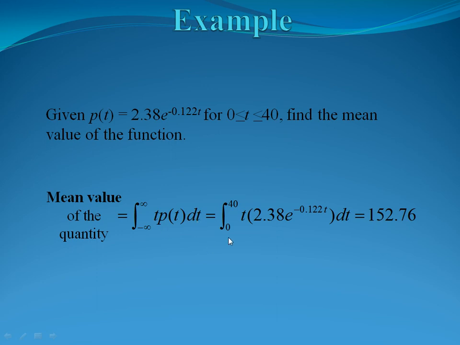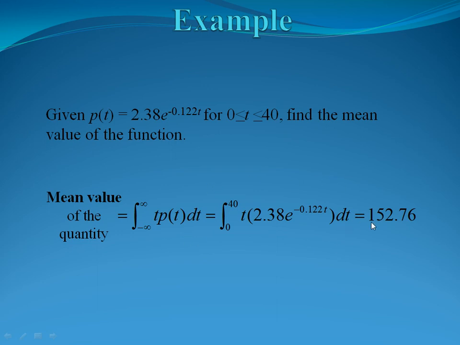Well, here we know our integral is not defined from negative infinity to infinity. As a matter of fact, t is bounded by 0 and 40, so that's what we put on our integral. So we have the integral from 0 to 40 of t times the PDF, which was 2.38 e to the negative 0.122t dt. This is a definite integral, and we can just plug that right into our calculator.